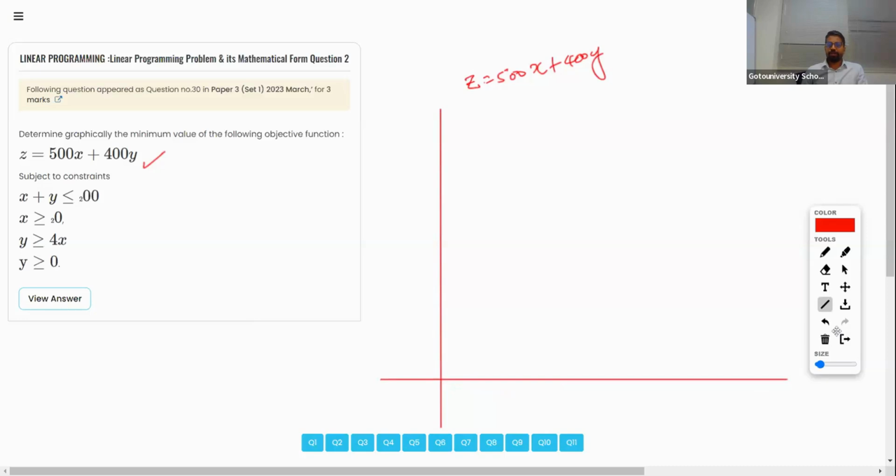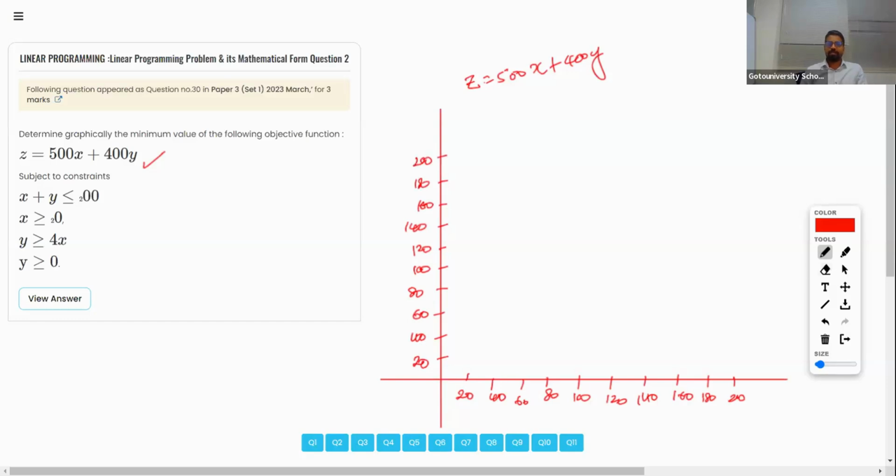As we want 200 in our graph, I'm going to write the units like this: 20, 40, 60, 80, 100, 120, 140, 160, 180, 200, on both axes.